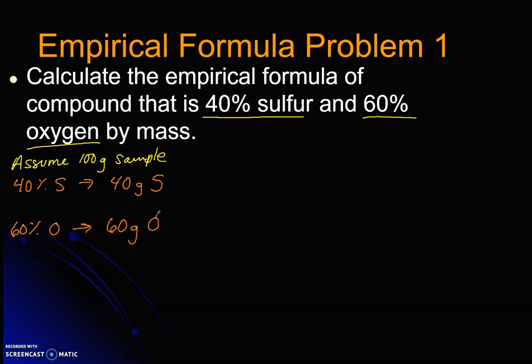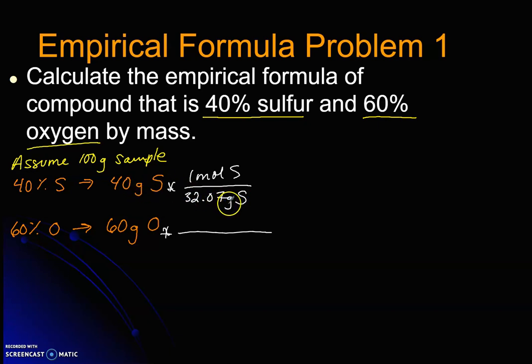All right? Now that I am in grams, now I can convert into moles. So please get your periodic table. Please get your calculators. You're going to need those. Okay? So now let's look up what the molar masses of sulfur and oxygen are. Okay, 1 mole of sulfur is 32.07 grams of sulfur.